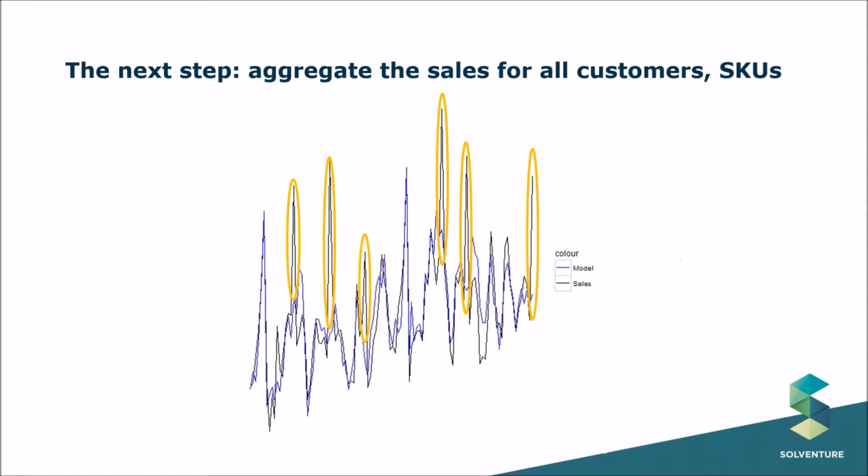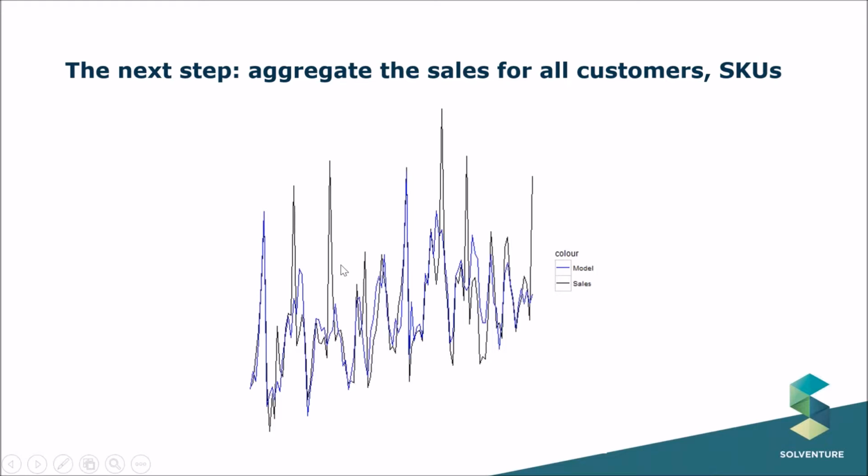If I look at this sales pattern over here, the pink line is my current forecast. I will compare the pink forecast to the black pattern, which is the historical sales, and ask: what if I would add to the pink model specific events or specific patterns which help me to explain that peak?